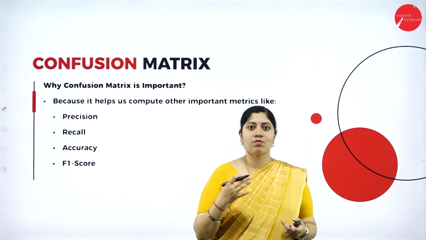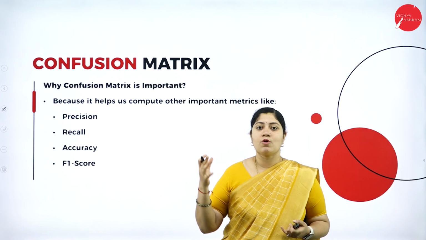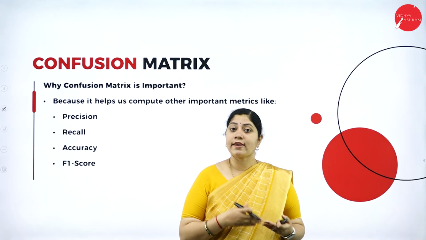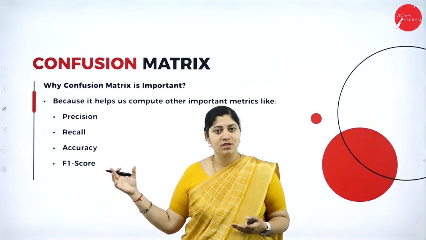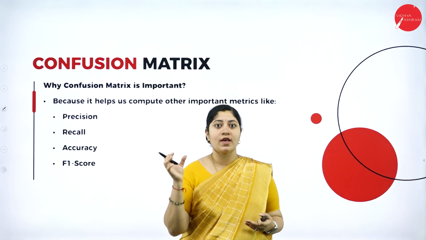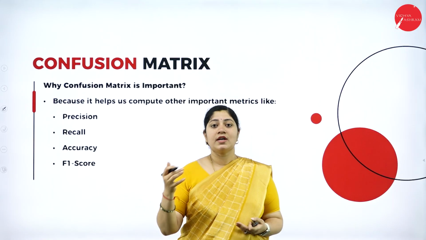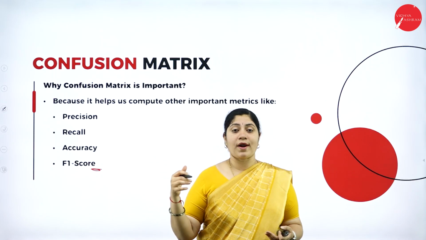The second metric, do you remember, is recall. Yes, to calculate that also, this confusion matrix will help. Further, the accuracy of the classification can be found using this confusion matrix, and then the F1 score, which is a final score, can also be calculated based on this confusion matrix.